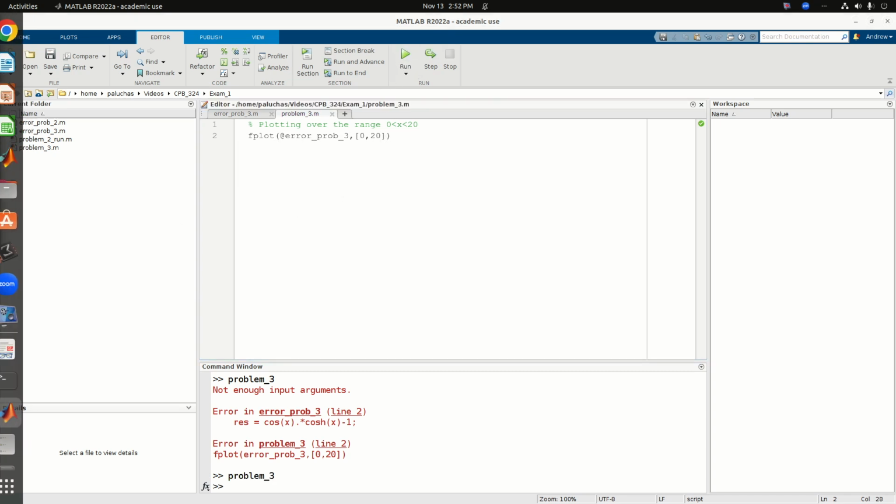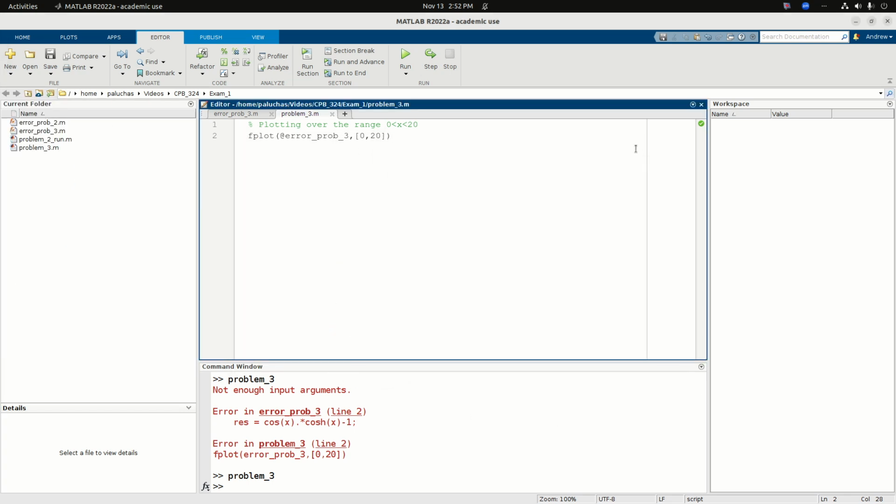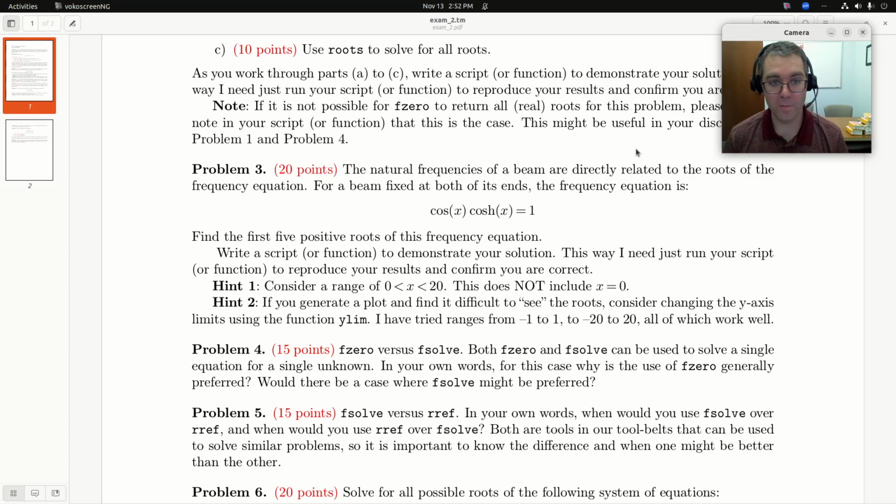So run. Man, this looks crazy. How am I supposed to see any roots from here? That's where the hint came in. Consider this range. If you find it difficult to see, I tried a y range from -1 to 1 and -20 to 20. Both seem to work well.